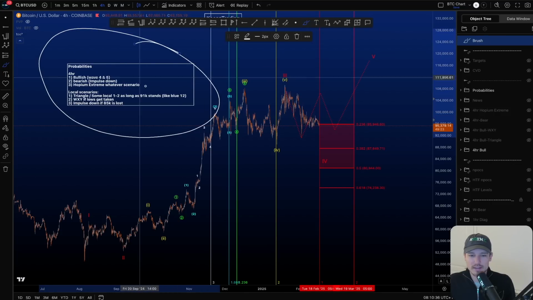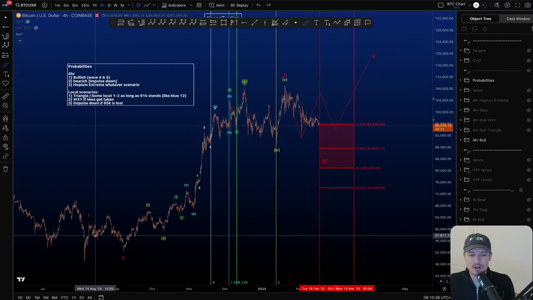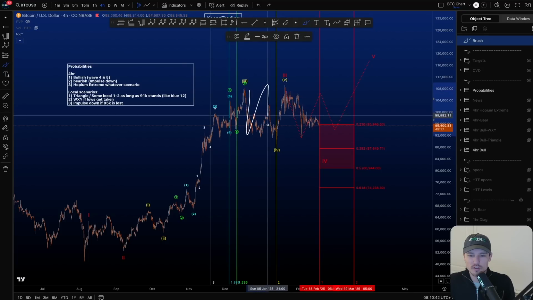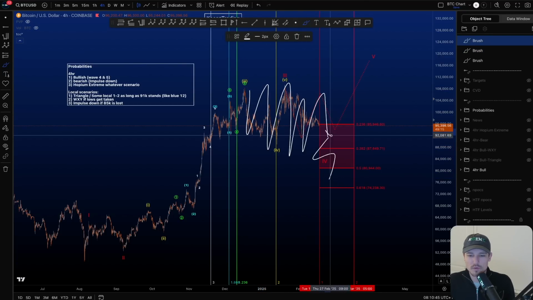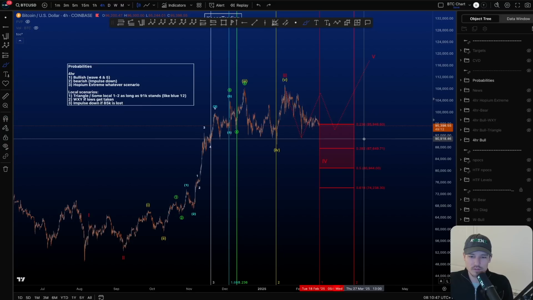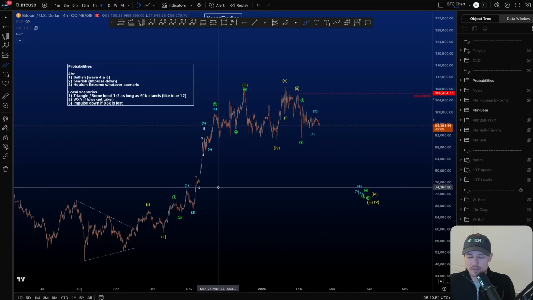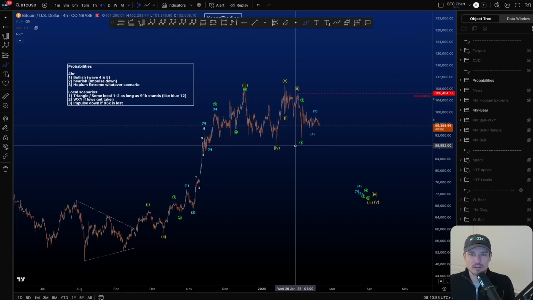And if we then look at the probabilities of the different scenarios, then the probabilities at the moment remain highest for the bullish scenario, where we are looking for a wave of 4 and eventually a wave of 5 towards the upside. The bearish scenario has very low probabilities. As long as you do not lose at least 85k, doesn't really make too much sense to make this the highest probability scenario.